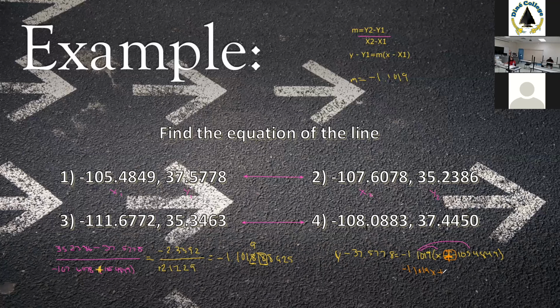Then we're going to do the next part, which is multiplying the 1.1019 to our now changed positive 105.4849 equals, so now our new number, since we have a negative number right there, this actually didn't change at all. It's still a negative number.